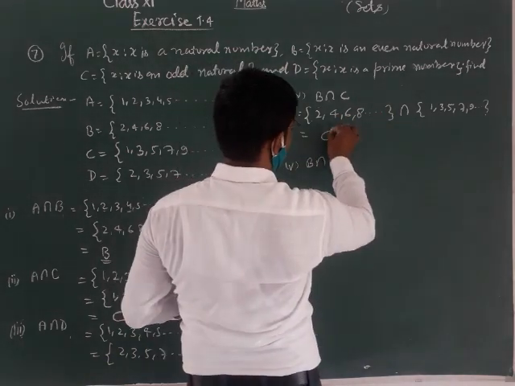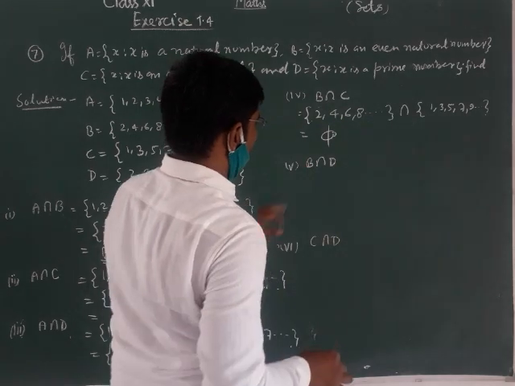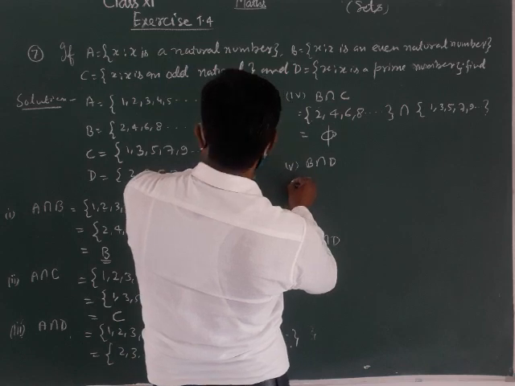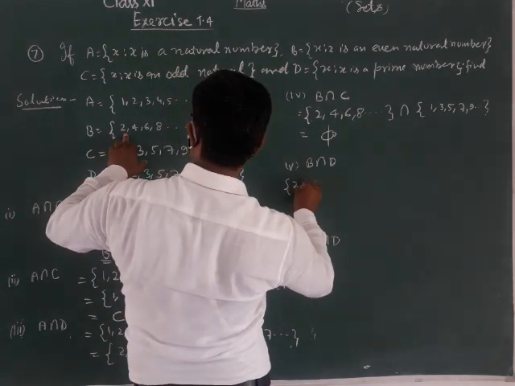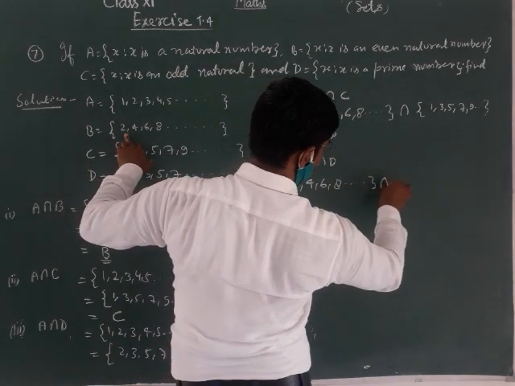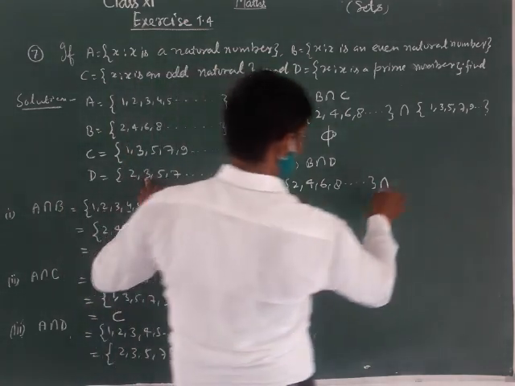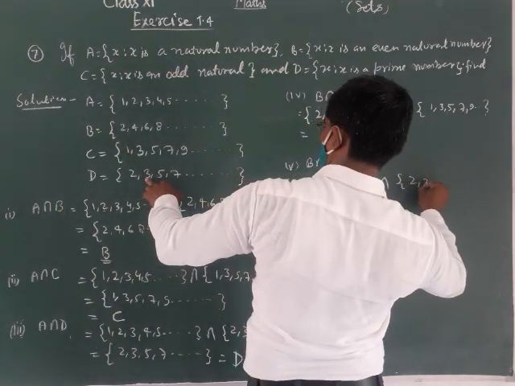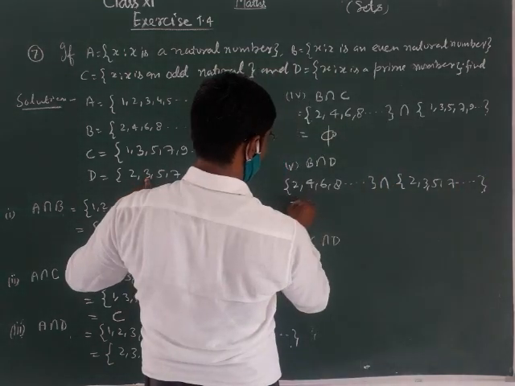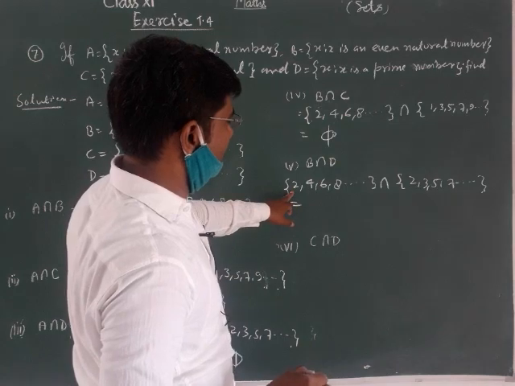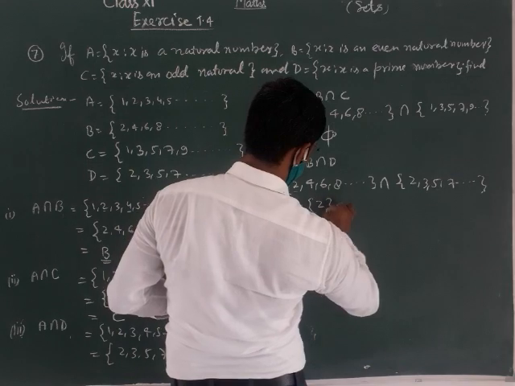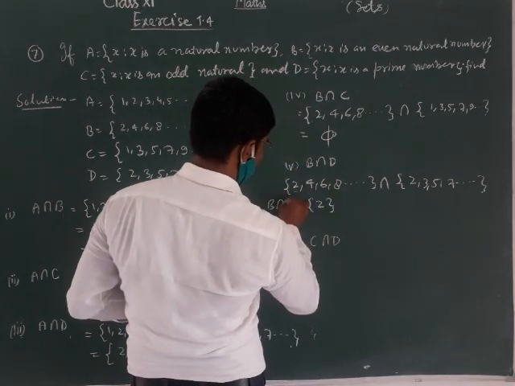This is the set phi. And B intersection D: B has the elements 2, 4, 6, 8 and so on, and D has 2, 3, 5, 7 and so on. So only the common element in both sets is taken, so only 2. This is 2, B intersection D.